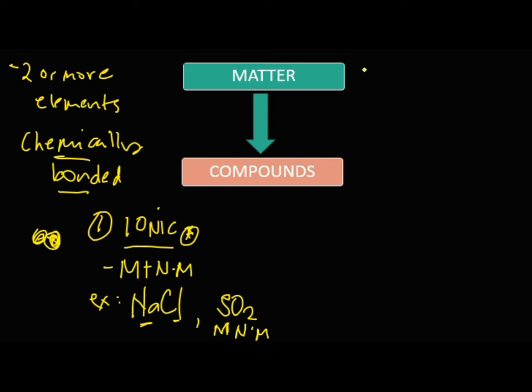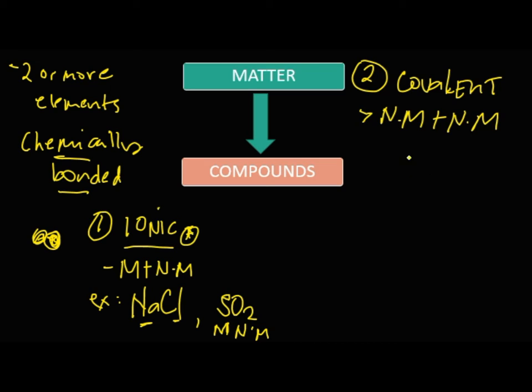The second one is called covalent. The covalent bond occurs between a non-metal element and another non-metal element. So non-metal plus non-metal forms a covalent bond. The example for this is an oxygen molecule.